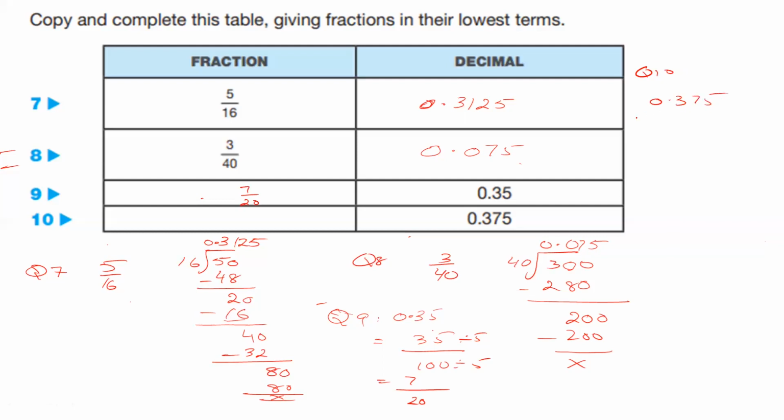0.375. We do the same thing, it is 375 divided by 1000. So again we take the highest common factor. So this will be 375 and then 1000. So we divide by 5, we got here 5 times 7 is 35, 2 carries, becomes 5, so this one is 5 times 5 is 25.